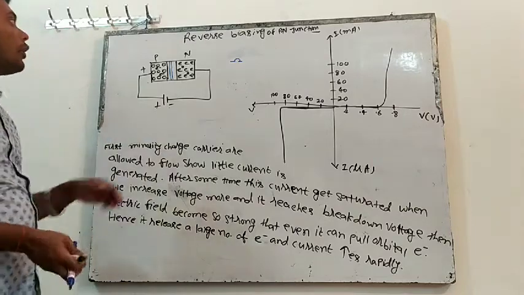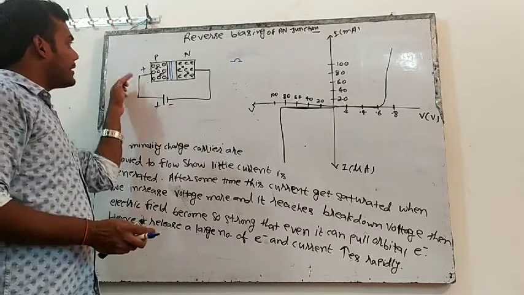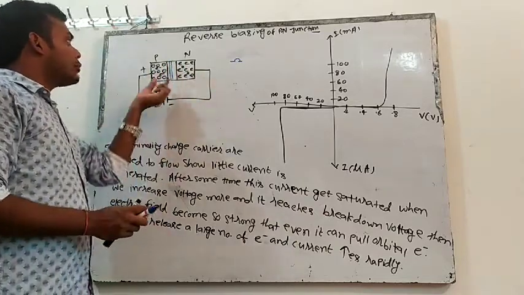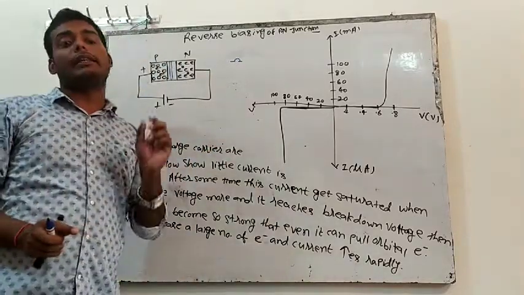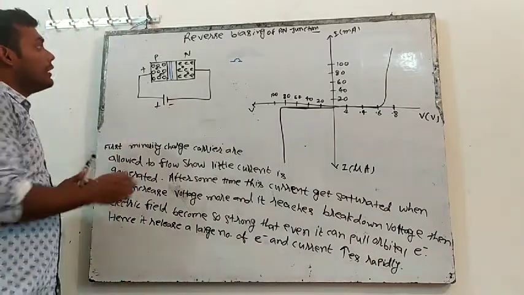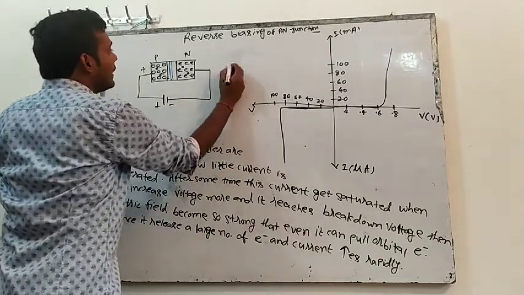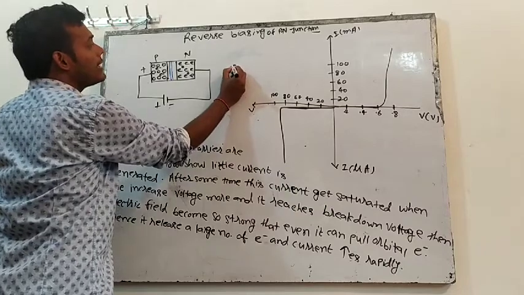Again I am repeating. In forward biasing, this positive will repel this positive, and this negative will repel this negative, so the depletion region width will decrease. If the width decreases, the potential barrier will decrease, so the separation will decrease and jumping is easy.